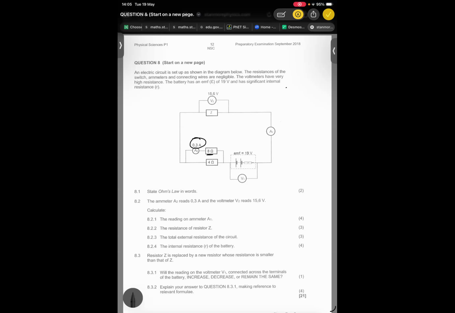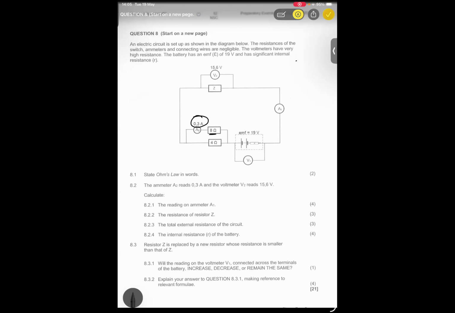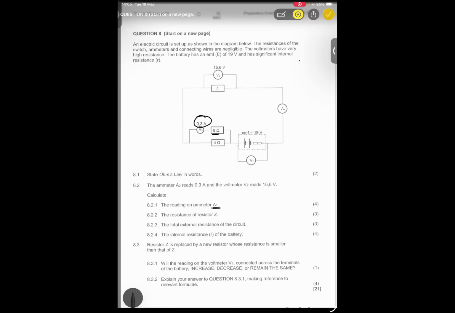Now they want us to determine the reading on the ammeter one again, and they tell us about the reading across V2. Can you please calculate the reading across the 8 ohm resistor?